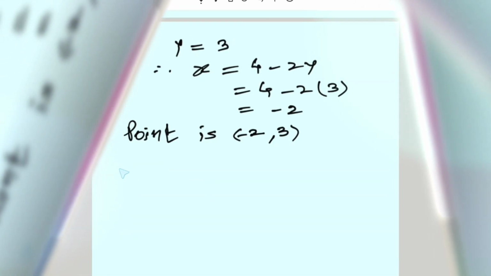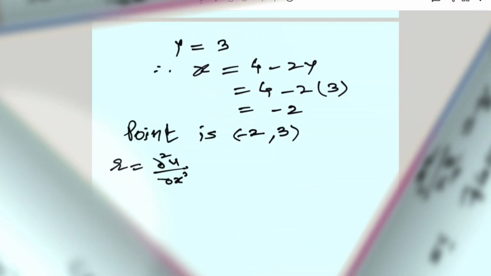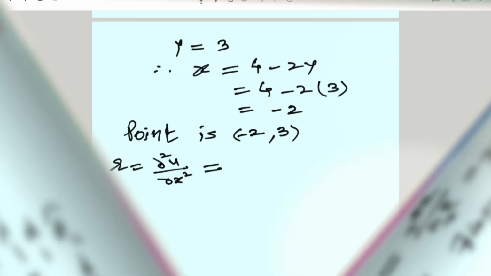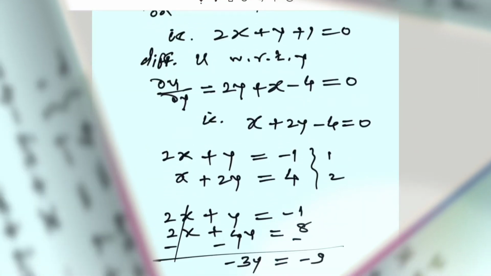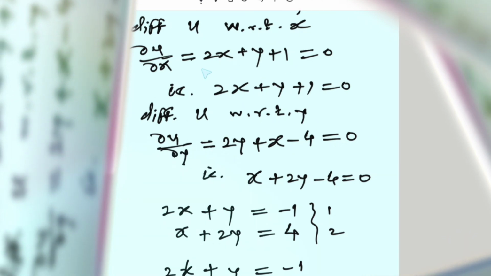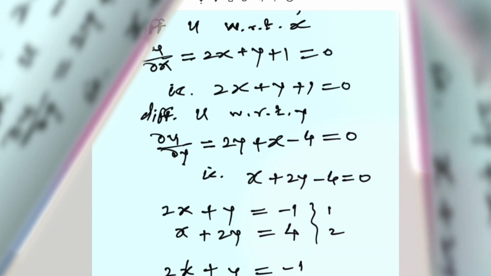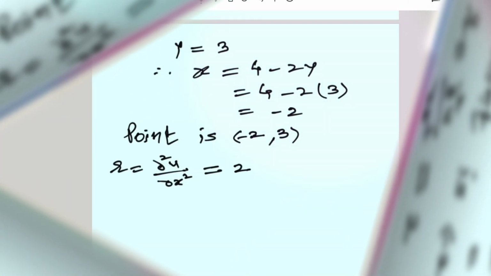Then we differentiate ∂u/∂x again with respect to x to obtain ∂²u/∂x², nothing but r. Differentiating this equation with respect to x, derivative of 2x is 2 and derivative of the remaining term is 0. Therefore, we get the value of r as 2.